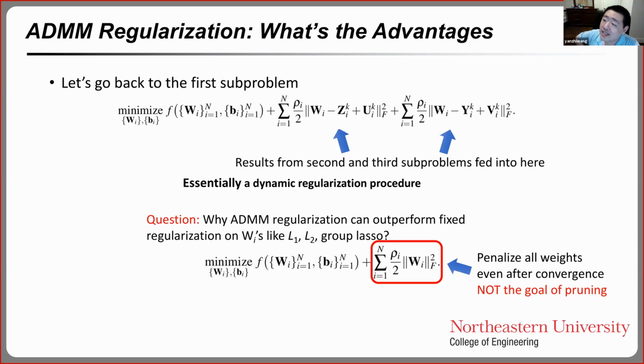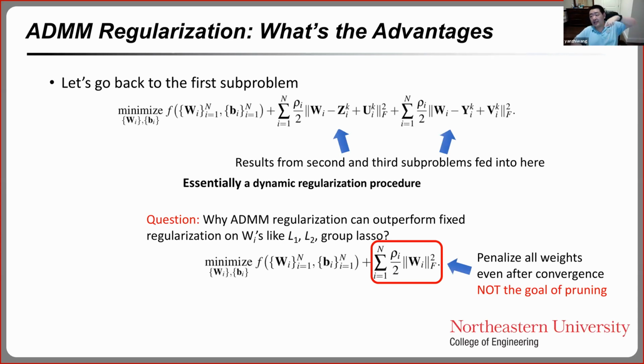If you want to prune by 10 times, you make 90% of the weights zero. The remaining 10% of the weights want to increase in their magnitude. Otherwise, how can they compensate for the effect that the rest of the 90% of the weights are already pruned to zero? But this kind of fixed regularization is going to penalize all of them eventually. So this is not the correct goal, and it causes accuracy degradation.